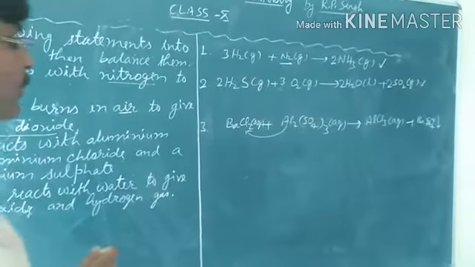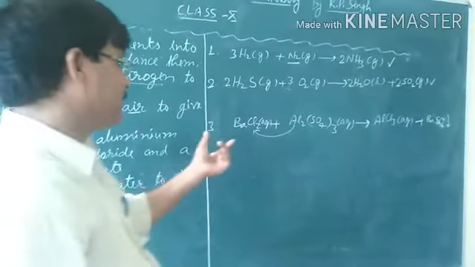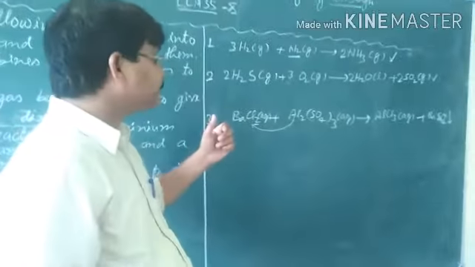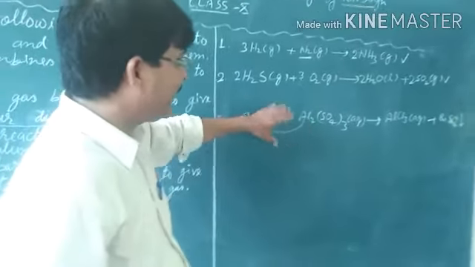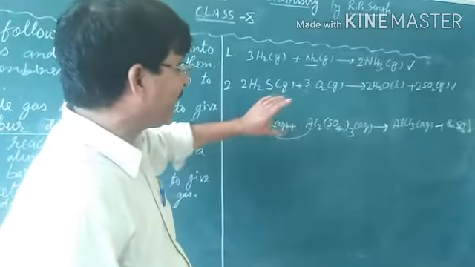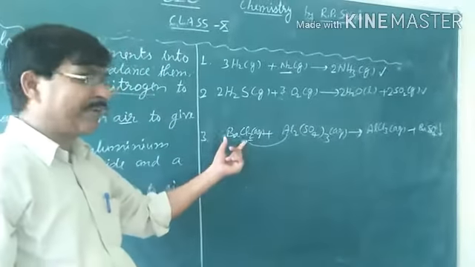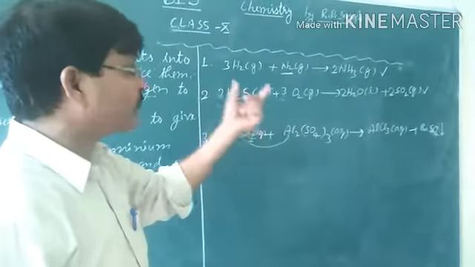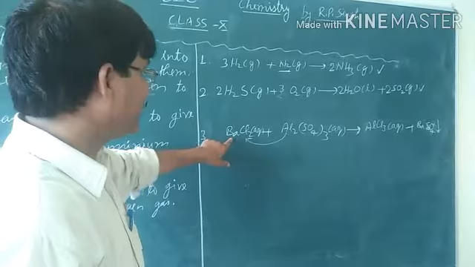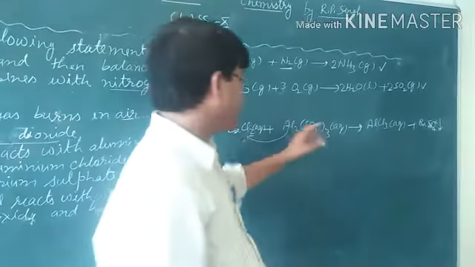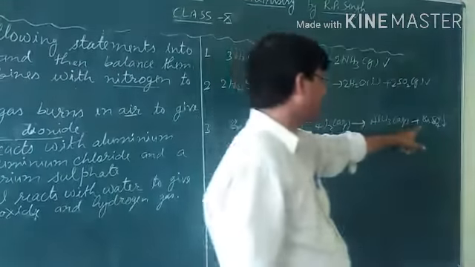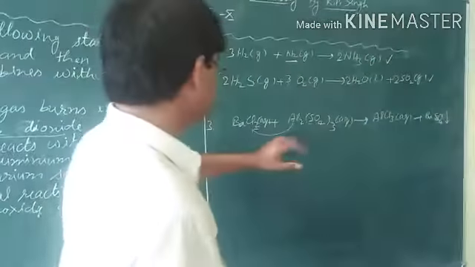Now we will balance it. First of all, I want to check whether this is balanced or not. Barium is 1 on the reactant side, and on the product side barium is 1. So this is balanced.